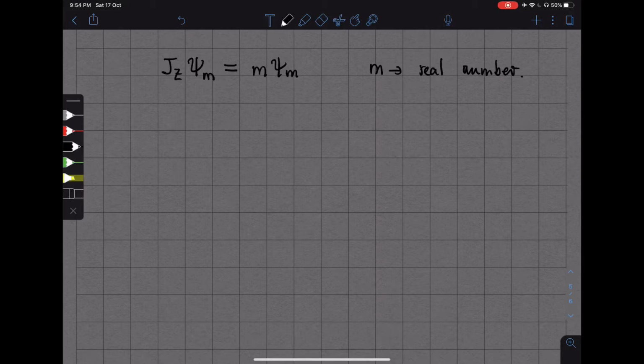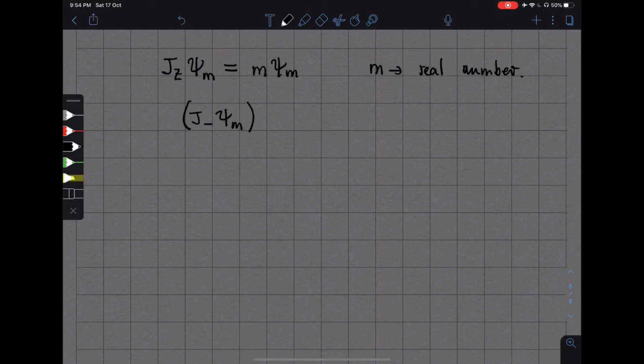So now let's take one of our operators, say J minus, and apply it to psi of m, and then ask what is the Jz eigenvalue of this new state.